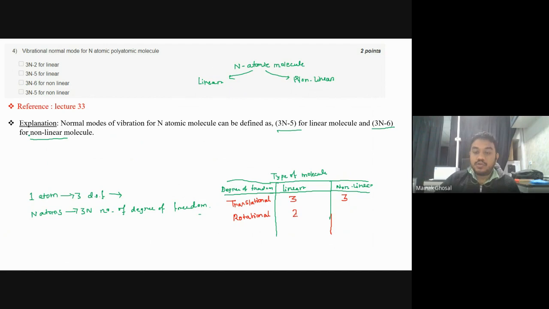So it will have only two different types of rotational motion. But for the nonlinear case, there will be three different rotational motions, since all the atoms are not in the same plane, so there will be another rotational degree of freedom. So how much is the total? You have to calculate what should be the vibration.